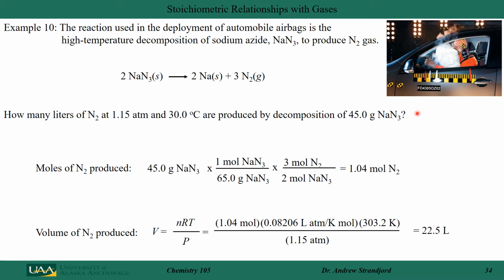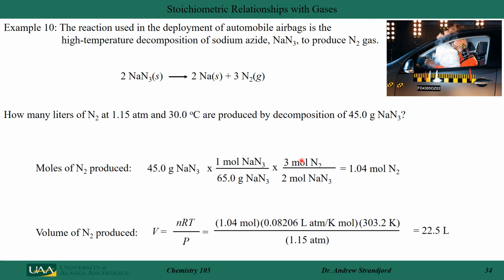The first thing I'm thinking about in this equation is I need to convert that 45 grams of sodium azide into moles because I want to know exactly how many molecules of sodium azide I'm starting off with. So we take my 45 grams of sodium azide, using the molecular weight of sodium azide, I can convert that to moles of sodium azide.